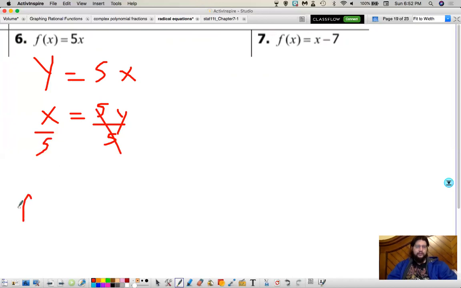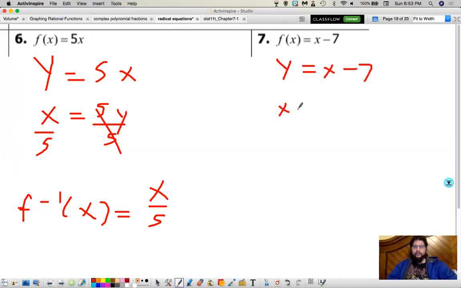So f inverse of x is x over 5. Over here, do the same thing. My inverse.